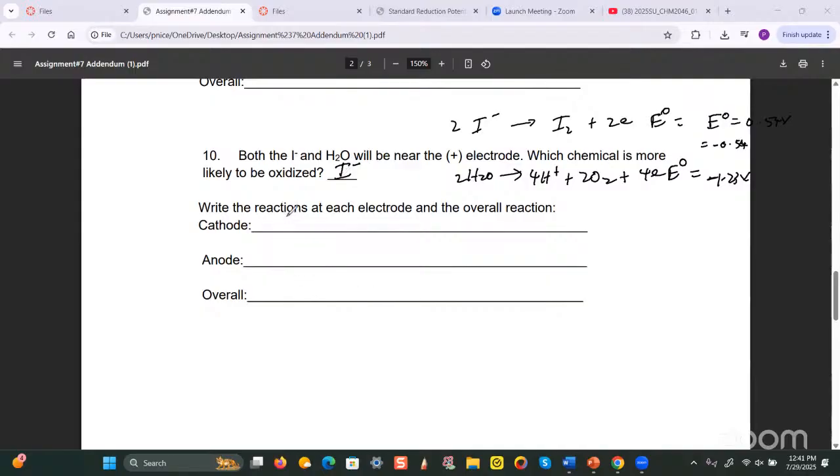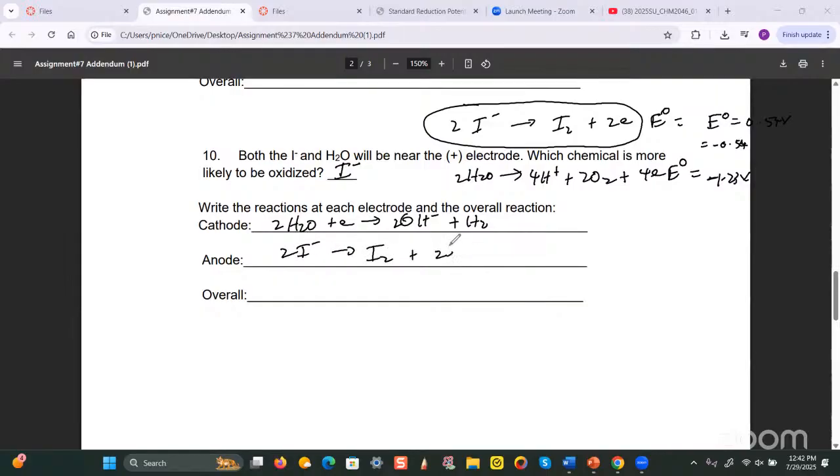So in this case, the cathode reaction is what I said before, which is the reduction of water to form OH minus plus H2. We need two here, we need two here. But in the case of the anode, this is the reaction that would take place. So that would be 2I minus to form I2 plus 2 electrons, all right?